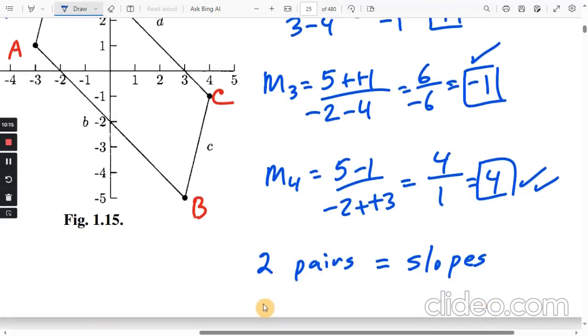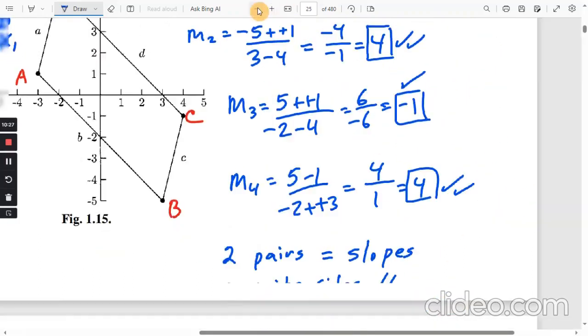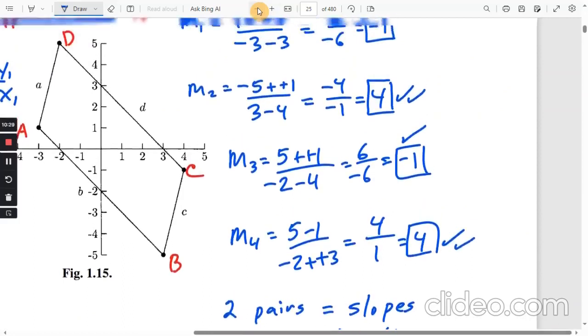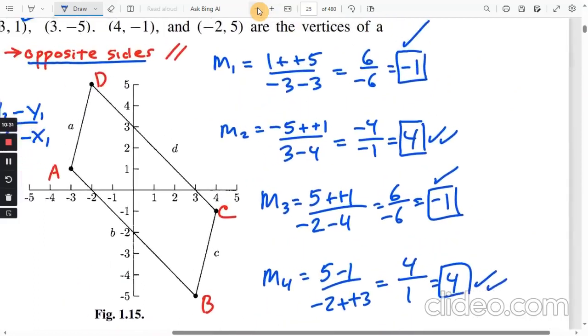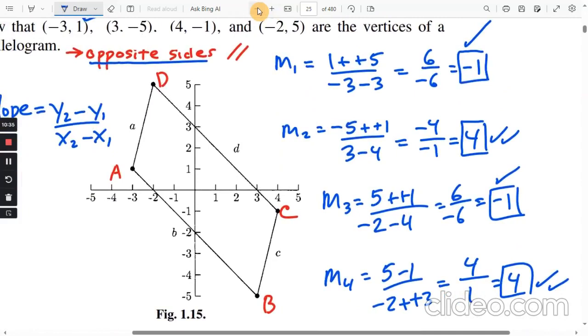All right, and that proves opposite sides are parallel. That's how you prove something is a parallelogram. Opposite sides are parallel. All right, so there are the four slopes. A little bit of tedious work, but that's how you would do it.